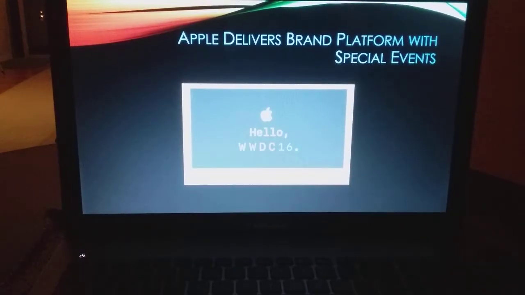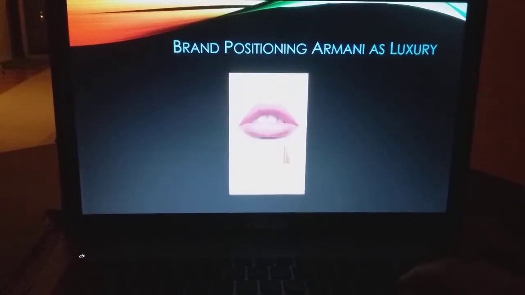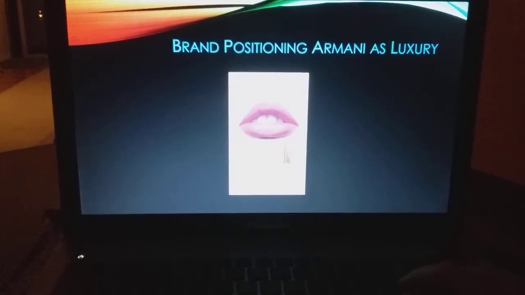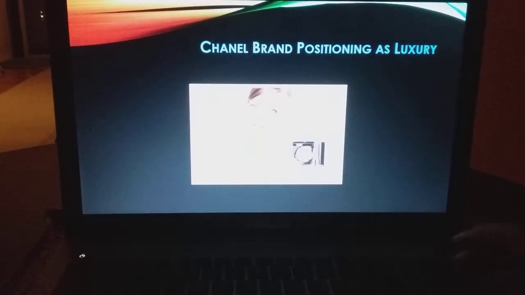So Apple delivers on their platform with special events. We see that in the fall. They have their own special events that will introduce their new products. So Armani comes out as they position their product as a luxury brand. This is Chanel. Chanel also brands as a luxury brand.